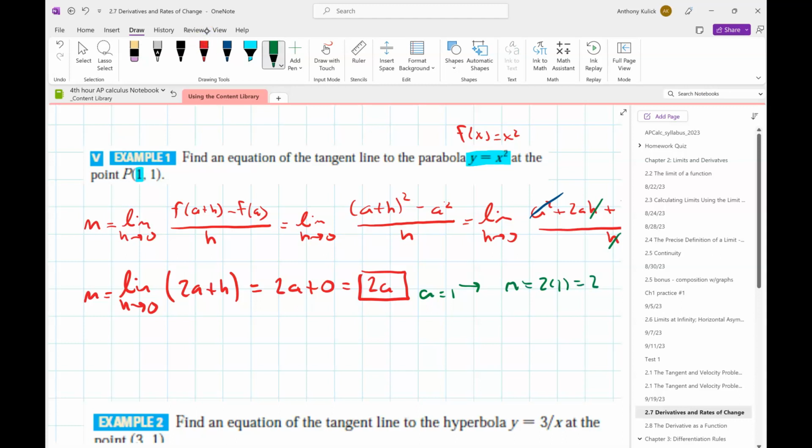So if I want to write my equation for my line, I'm going to use the point slope formula, because that's what I'm given, a point and a slope. So y minus 1 equals 2 times x minus 1.